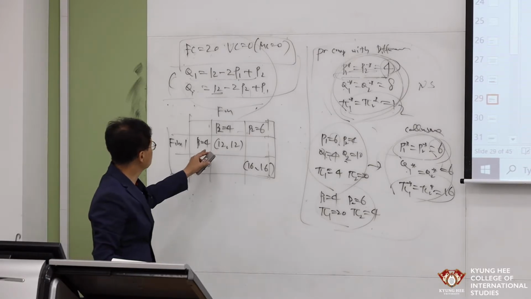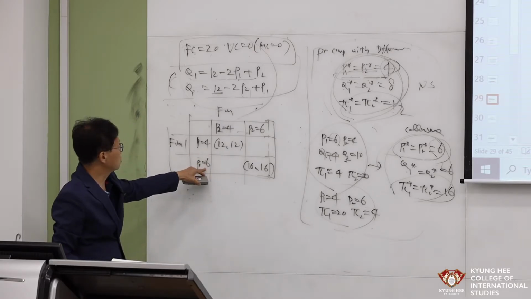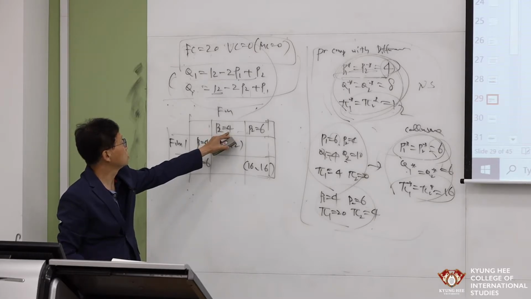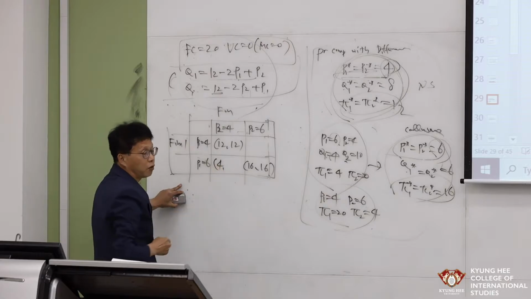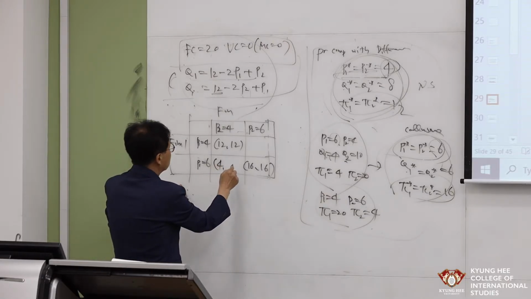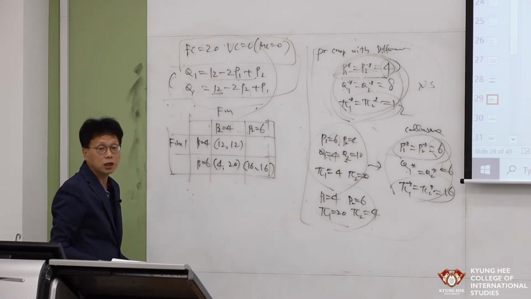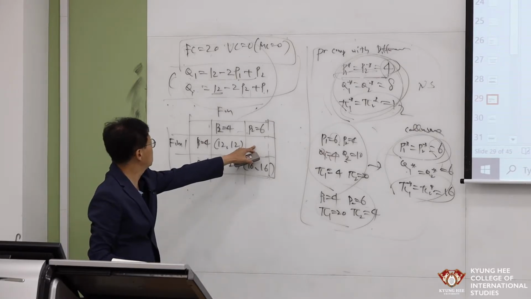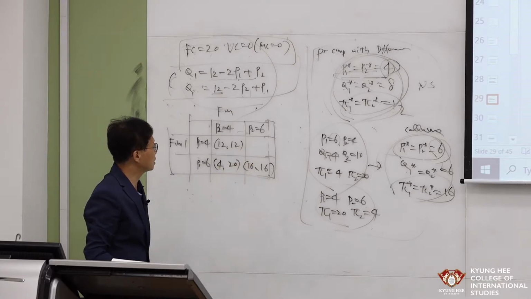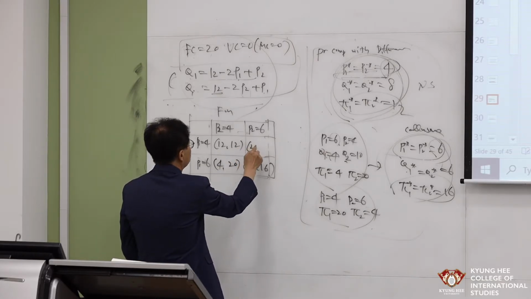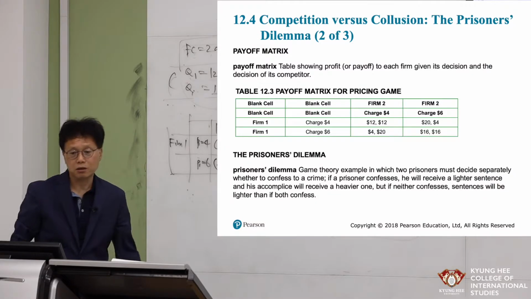If firm 1 increases its price to $6, whereas firm 2 sticks to its price of $4, then what happens? Firm 1's profit is just 4. Firm 2's profit is 20, right? And if firm 1 sticks to $4 but firm 2 raises its price to $6, then what happens? 24. That is the payoff matrix, right?